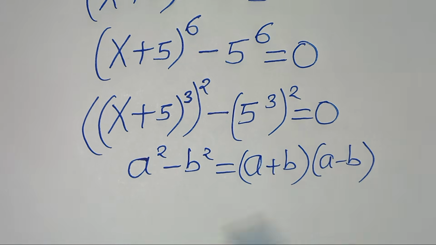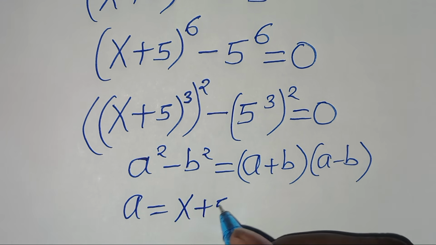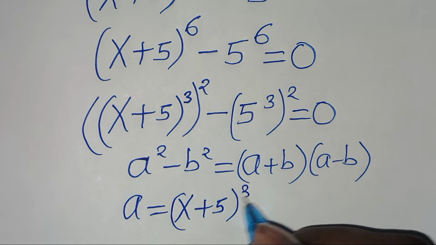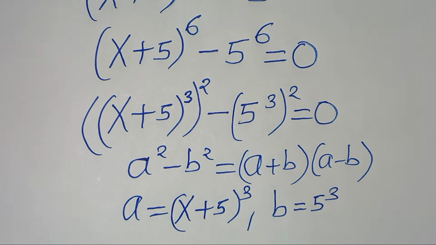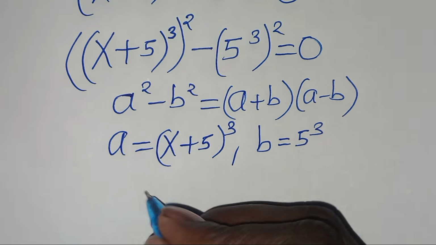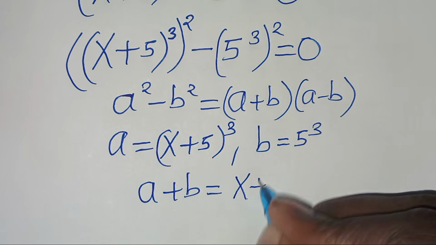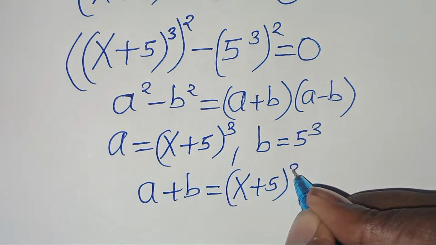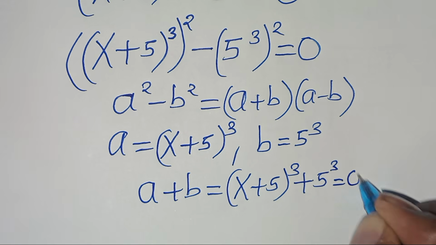From this equation, we have that a is equal to (x + 5)^3, and b is equal to 5^3. So we have a + b, which is (x + 5)^3 + 5^3, equal to 0.